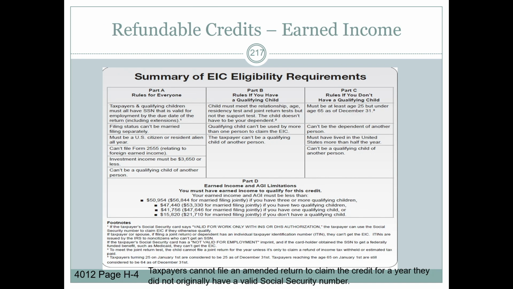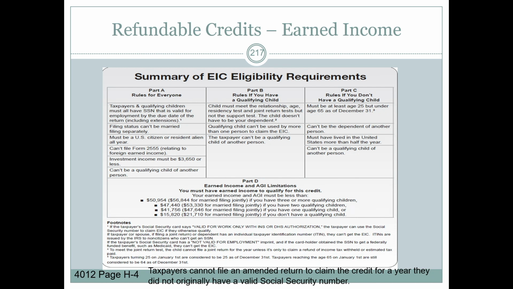Let's look at rules for everyone. Taxpayers and qualifying children must all have a Social Security number that is valid for employment by the due date of the return, including extensions. Filing status can't be married filing separately, and of course we do not prepare those returns. Must be a U.S. citizen or resident alien all year.